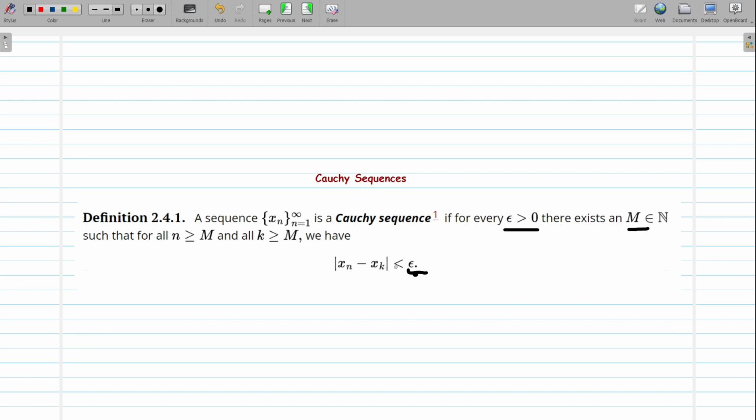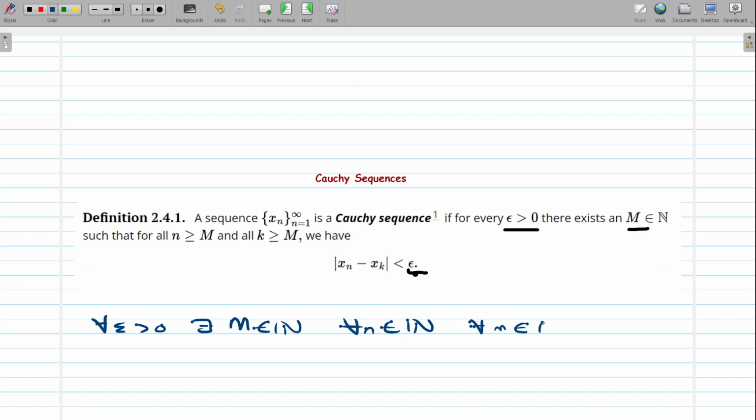Maybe let's write it in another way. Let's write one very long mathematical statement. So what we're saying here is: for some value epsilon that is strictly positive, if we can find some natural number m, then for all n in the set of natural numbers, we basically want to get any two terms of our sequence.